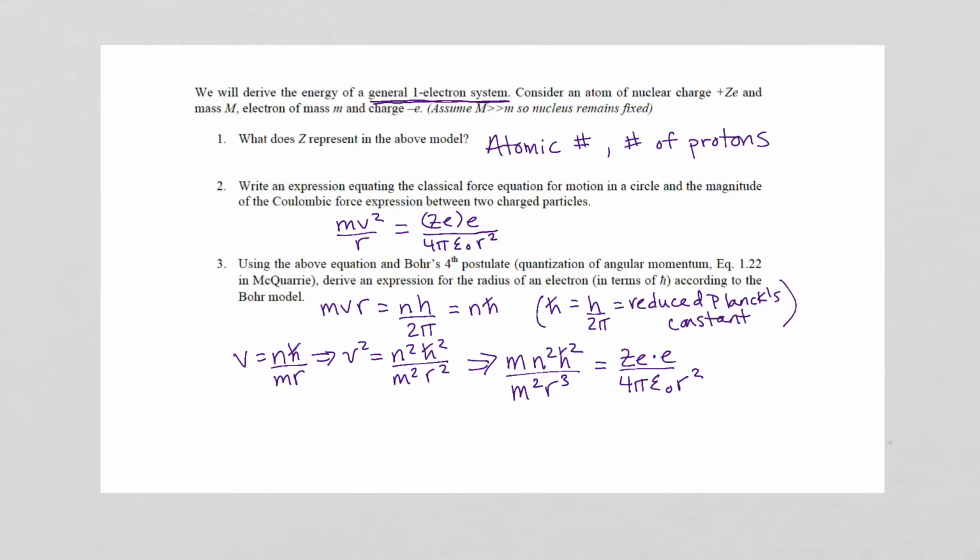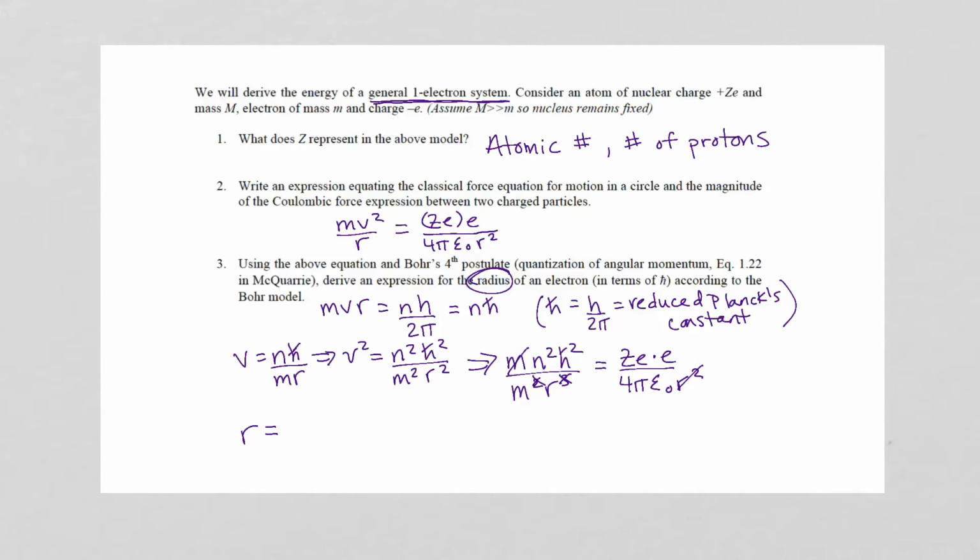Okay, so now our job is to solve for the radius. When we take a look at our expression, we can cancel a couple of things right off the bat to simplify our lives a little bit.